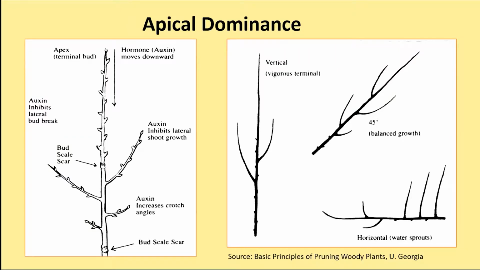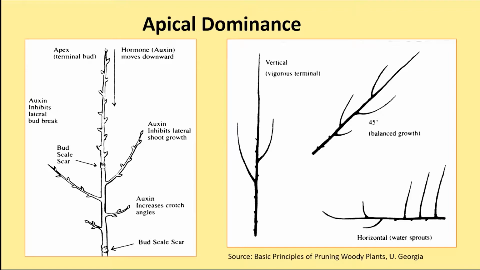Now, how a plant responds to heading versus thinning cuts is quite different. That's the result of auxin, which is a group of growth hormones that concentrates at the tip of a branch to ensure dominance of the tip and rapid growth of it and suppress growth down below.